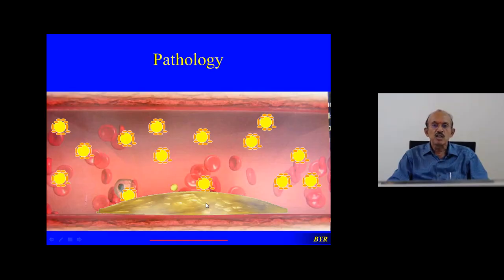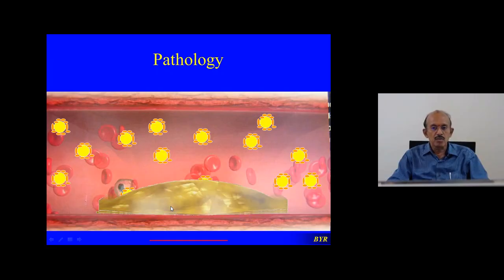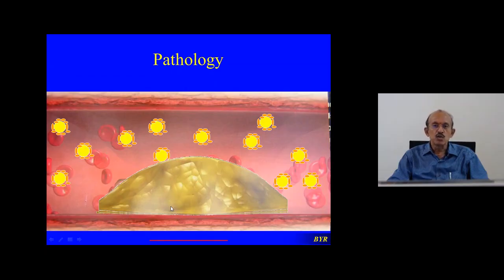And the body will respond to this by formation of fibrosis around it. So there will be a fibrous capsule. And sometimes this plaque will have calcium deposition. And as it is growing or protruding into the lumen, it will cause blocking of the vessel. So it causes two things.